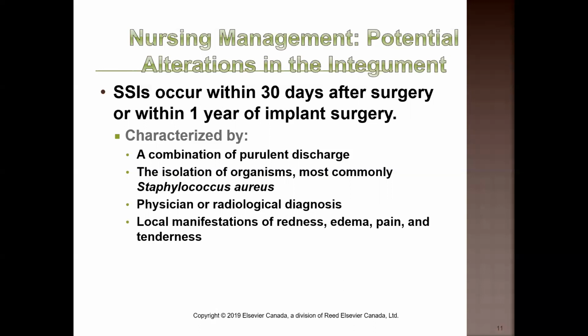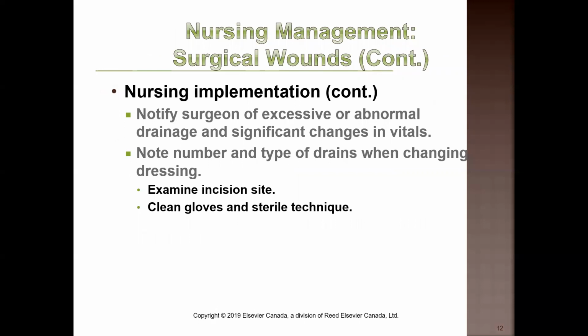We all know this from other courses, but when we're looking at the signs and symptoms of a wound infection or skin infection, we see redness, we may see swelling. Often a person experiences pain and tenderness at the site, and sometimes you see that pain and tenderness even before we see that redness and swelling, but they're all sort of a cascade of effects.